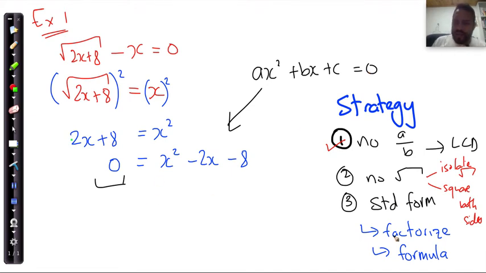And now I've got to try and factorize. So I'm trying to find the factors of 8 that, if I subtract them, give me 2. And this is equal to 0. I open up a bracket. The factors of 8 that I must subtract to give me 2 are 4 and 2, x and x.